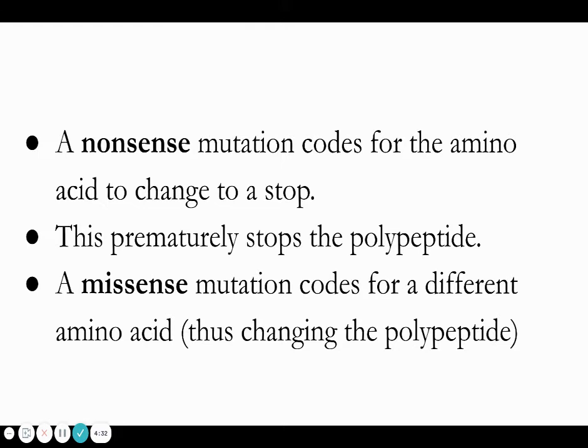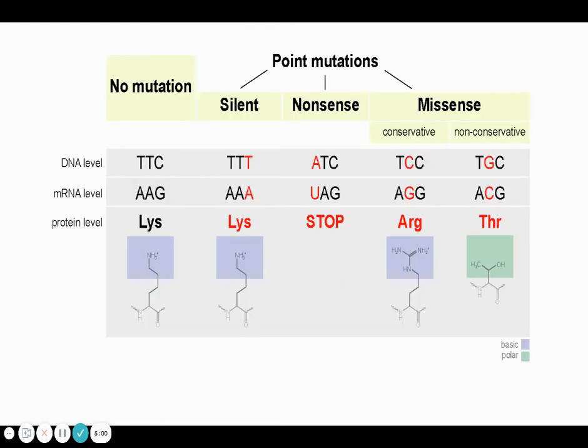We see this in sickle cell anemia, where one base change in hemoglobin, which is the protein that carries your oxygen, actually results in making hemoglobin that is no longer effective. It's a missense mutation. So we do see these different diseases that are actually base substitutions that end up being missense mutations.